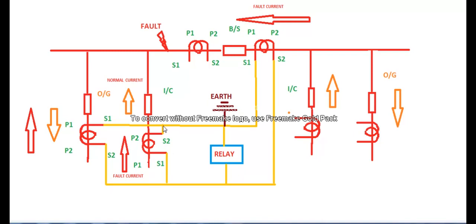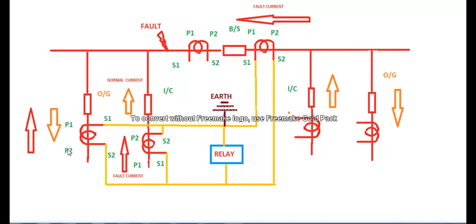Now, if a fault happens in this busbar, either bus to bus or bus to earth, in this case the incomer current normally flows P1 to P2. Consider the outgoing feeder: the direction of current flow changes to P2 to P1.